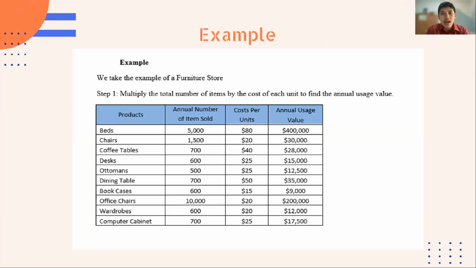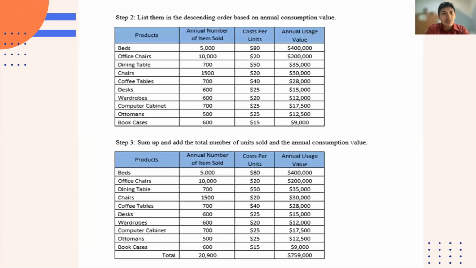Thank you, Abi. I want to continue with the ABC example. We take the example of a store. Step 1: multiply the total number of each item by the cost of each unit to find the annual usage value. Next, step 2: list them in descending order based on annual consumption value.